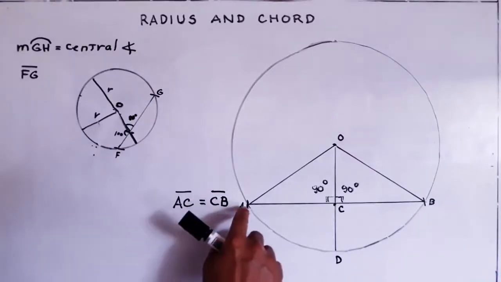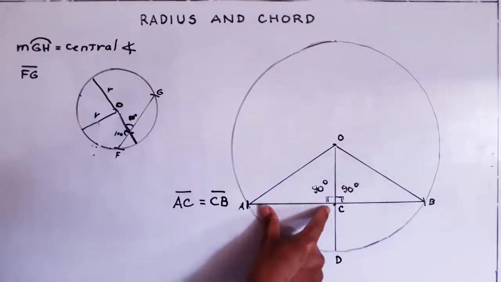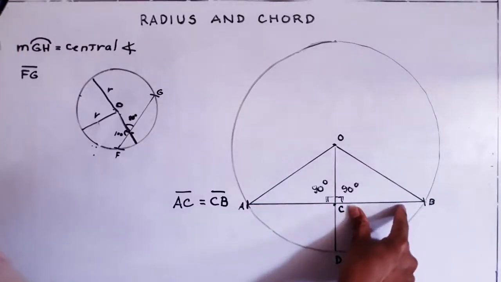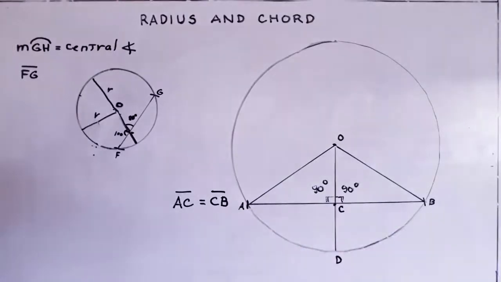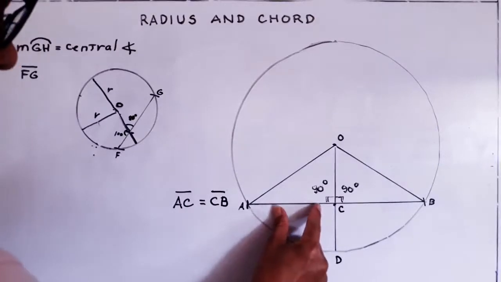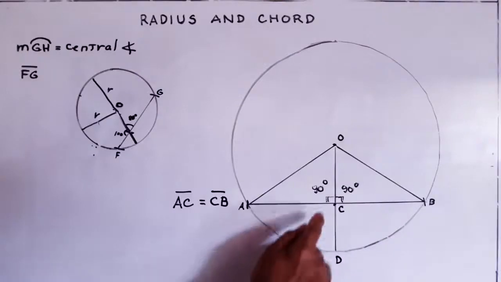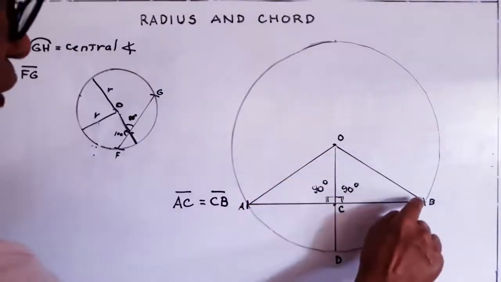So if your chord AB is equal to 20, how much is this one? It is half of 20. So this one is 10 and the other one is 10. If the length of AB is 16 centimeters, then you have 8 here and 8 there, provided that the radius is perpendicular to our chord.